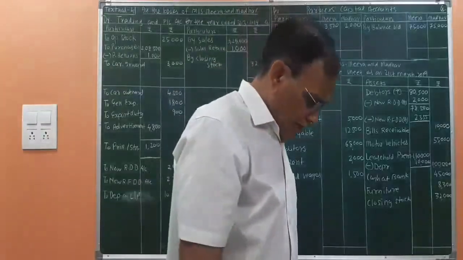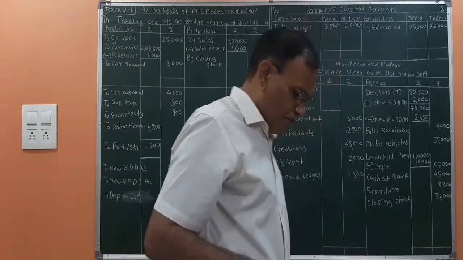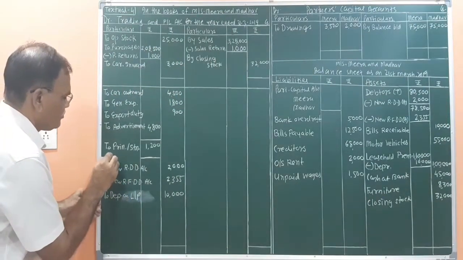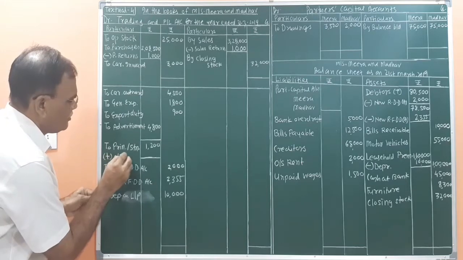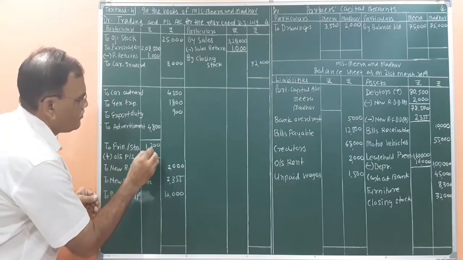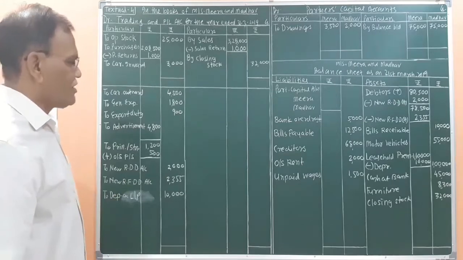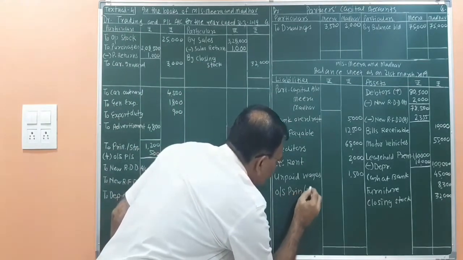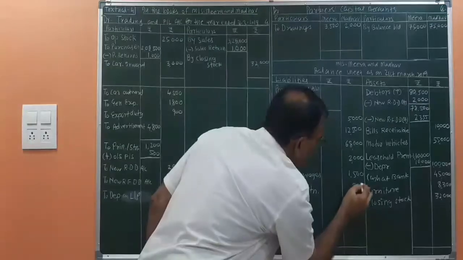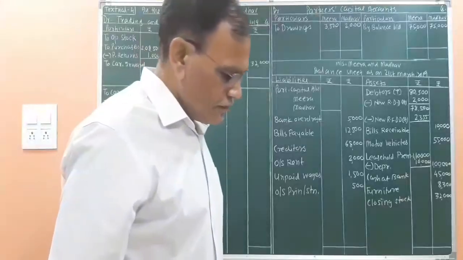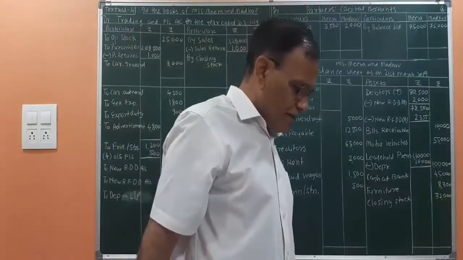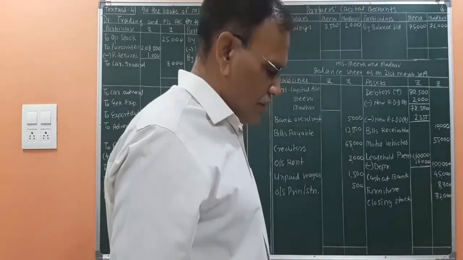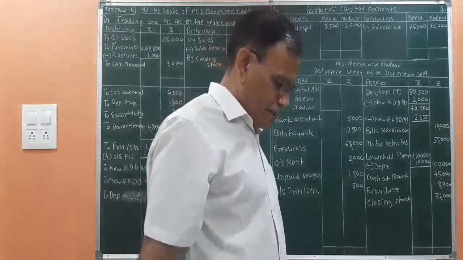Now outstanding expense printing and stationery 500. So add outstanding printing and stationery 500, and the second effect is outstanding printing and stationery, that is 500. And we are having one secret adjustment, advertisement 4,800 for 3 years. It means for 36 months.